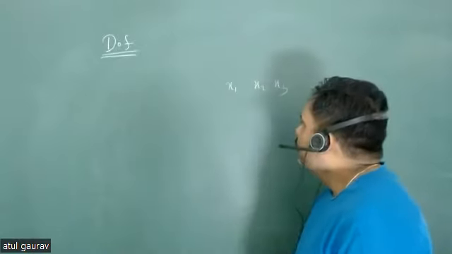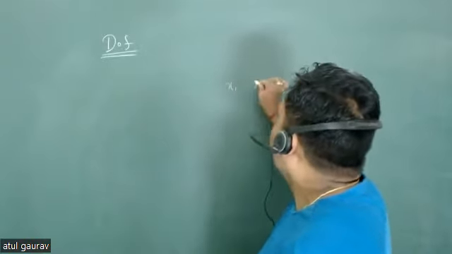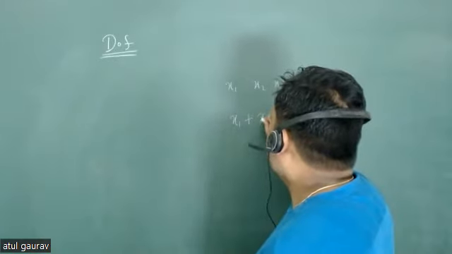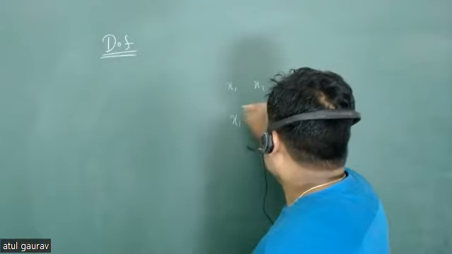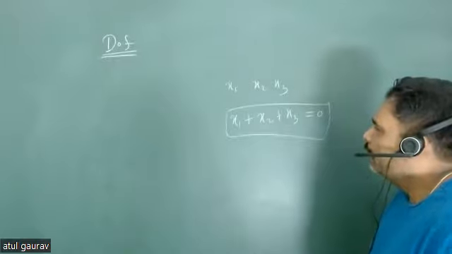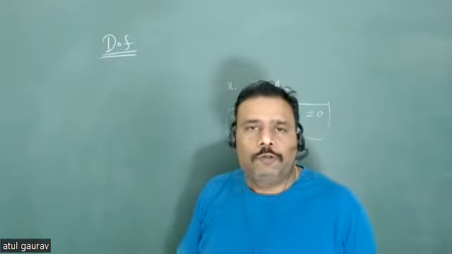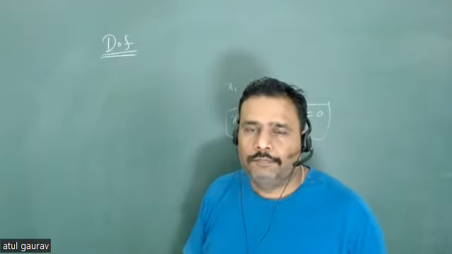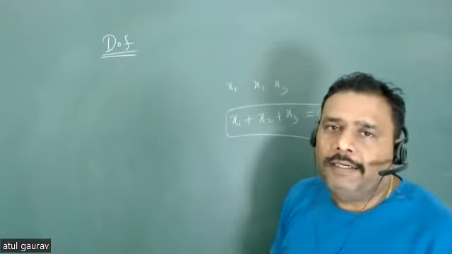Now, if there is a relationship between these variables, suppose this type of relationship is there, x1 plus x2 plus x3 is equal to 0, then please tell me, how many variables can you choose independently? Are you able to choose all 3 variables independently?